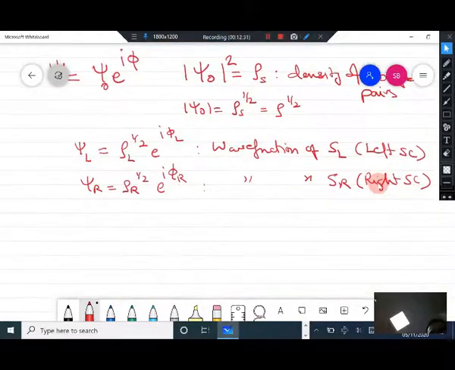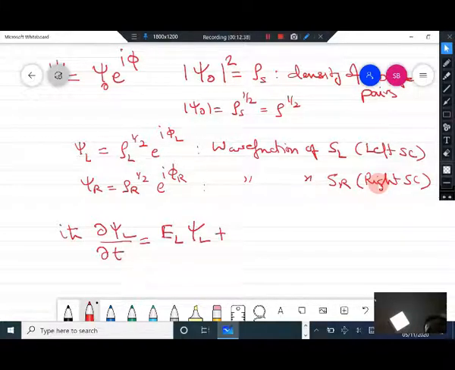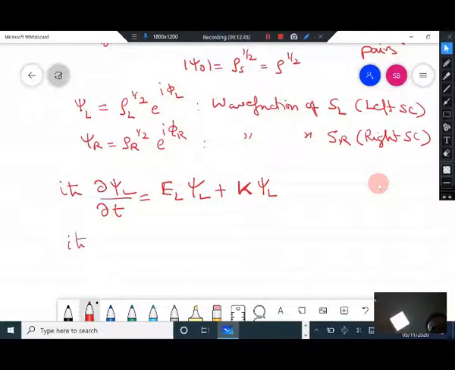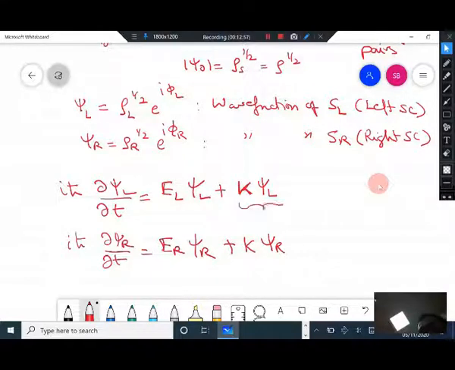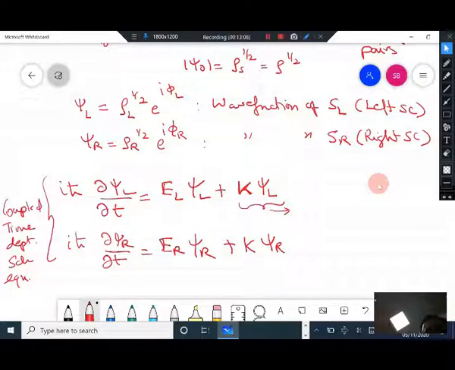He wrote down the equations i h-bar del psi L by del t is equal to E_L psi L plus K psi R, and i h-bar del psi R by del t is equal to E_R psi R plus K psi L. So you have coupled Schrodinger equations.